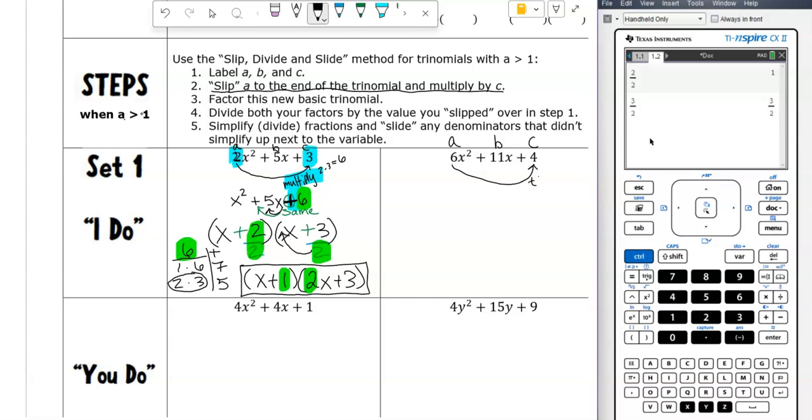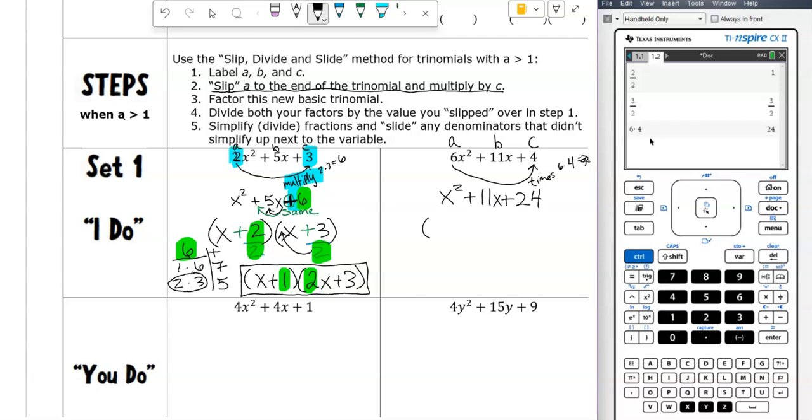I'll multiply, or just times. 6 times 4 is 24. So now I'm going to rewrite my trinomial with a positive 24 in the back.